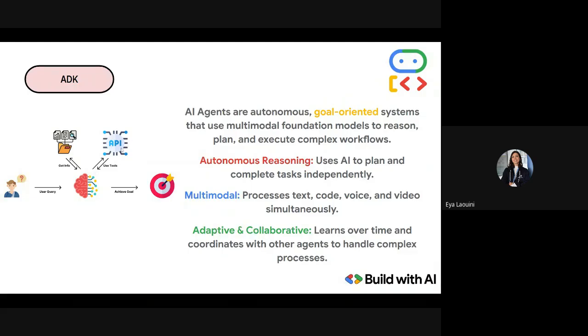Those external tools, we can of course call APIs, which the AI agent will use, for example, to extract information from external websites through web search and find some insightful information, and then give us the output to achieve the goal of the user. So here we can see that AI agents have autonomous reasoning. They can use AI to plan and complete tasks independently without human intervention.